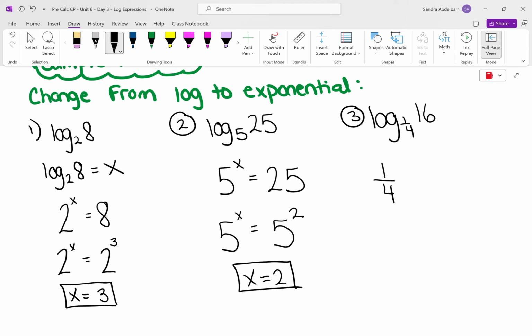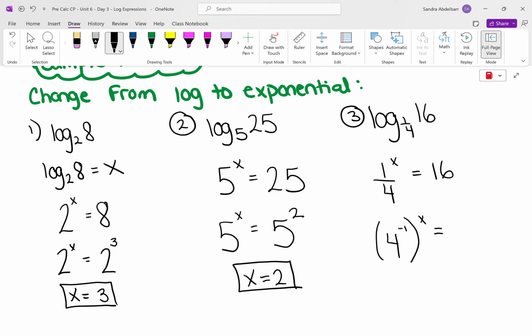So isn't this 1/4 to the x power equals 16? What's wrong? Okay, so now I don't want to deal with the fractions, so what should I do with the 1/4? Negative integer. Good, make this 4 raised to what power? Negative 1.